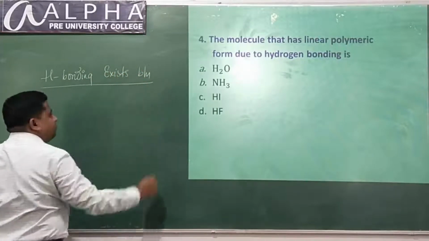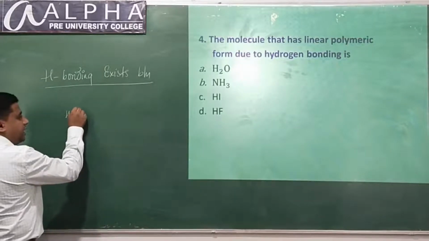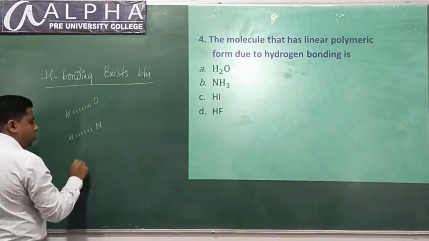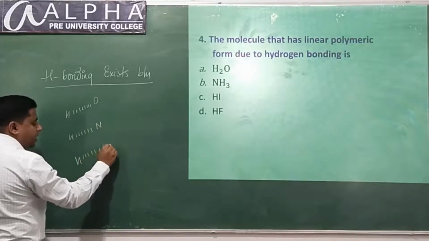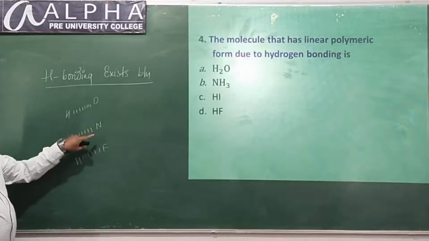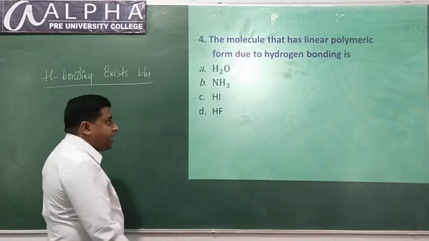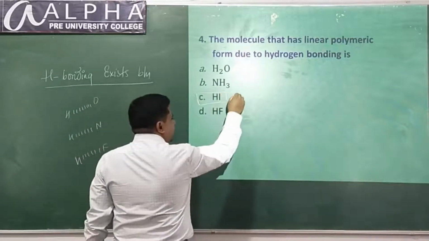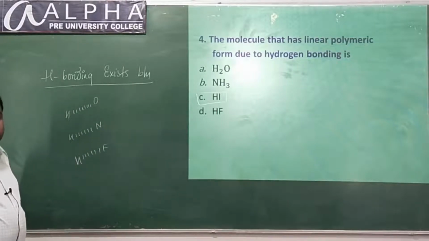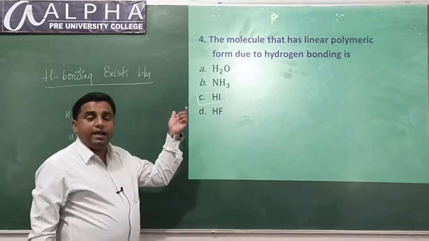Hydrogen bonding exists between hydrogen and highly electronegative atoms like oxygen, nitrogen and fluorine. So we don't have hydrogen bonding in hydrogen iodide at all. Therefore, I can overrule option C, because there is no hydrogen bonding in hydrogen iodide.